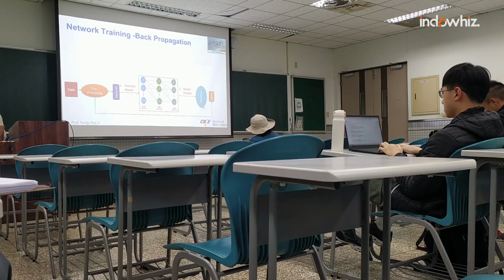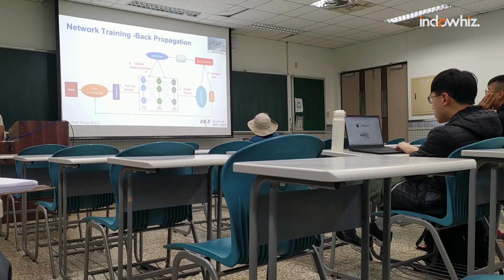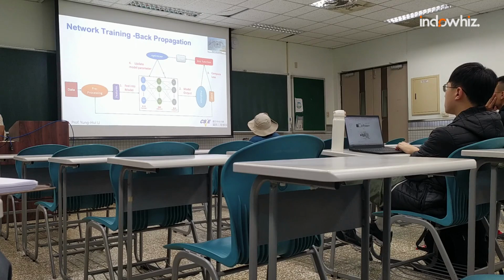Then by comparing the difference between the one-hot encoding and the prediction, you will use a loss function to compute their difference, and then you will get the error. You will pass the error to the optimizer, and the optimizer will update the model parameters according to the backpropagation algorithm we talked about in the previous lecture.